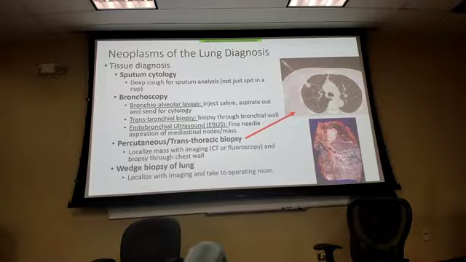And then endobronchial ultrasound, EBUS. That is like an endoscopy or bronchoscopy, but on the end, instead of a camera, it's an ultrasound. So we're not actually seeing pictures. We may do both at the same time so we can see exactly where we're doing it.